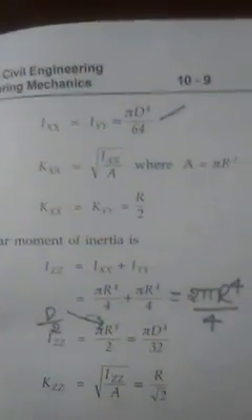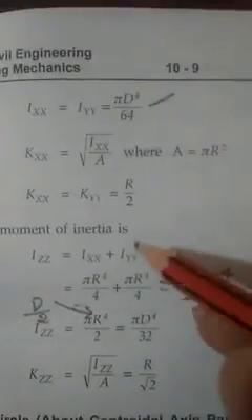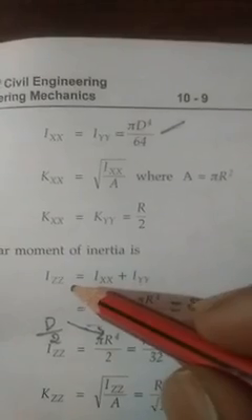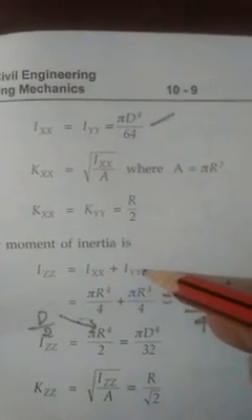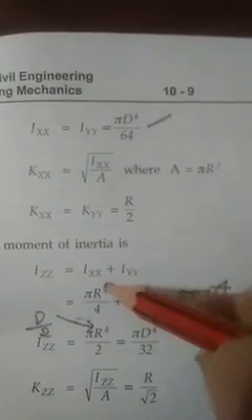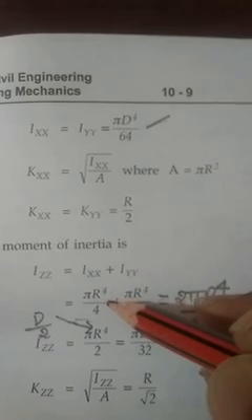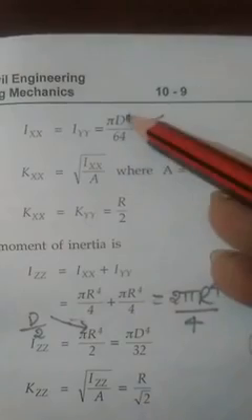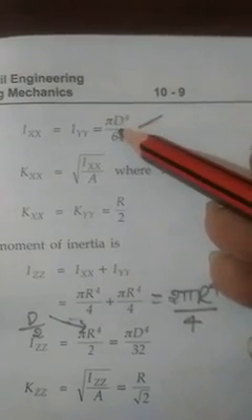Now for the polar moment of inertia, this is additional information. Polar moment of inertia Izz is equal to Ixx plus Iyy. Ixx is equal to pi r to the power of 4 divided by 4, and Iyy is also pi r to the power of 4 divided by 4, the same formula.